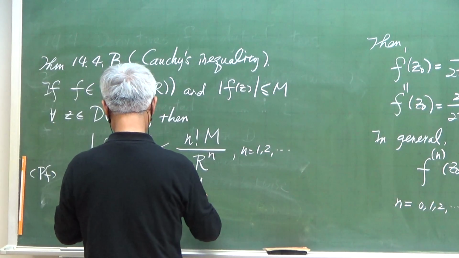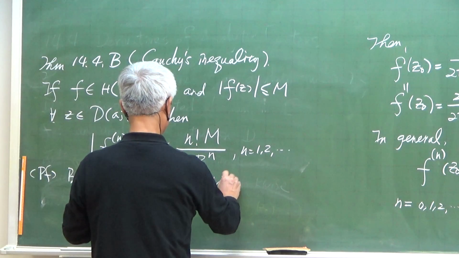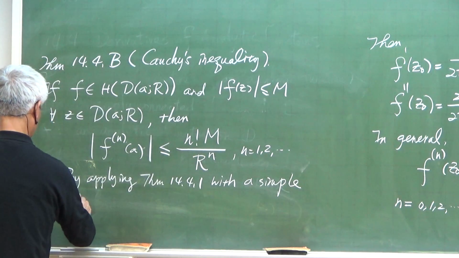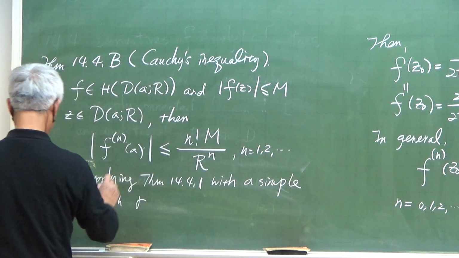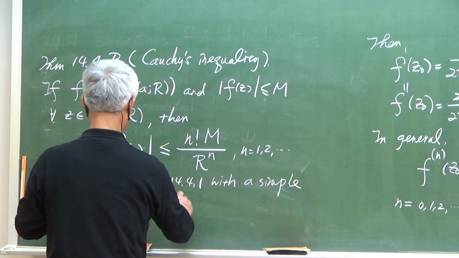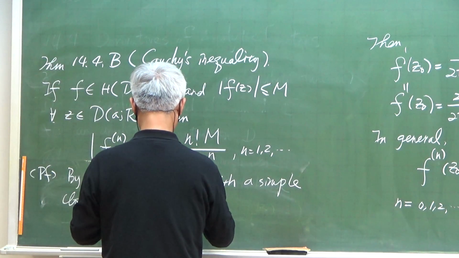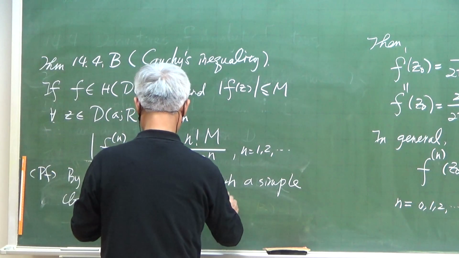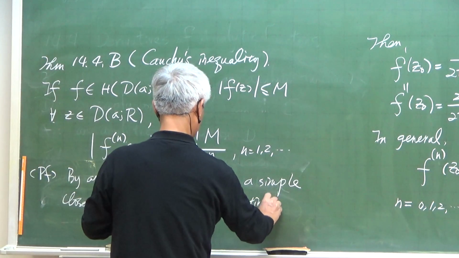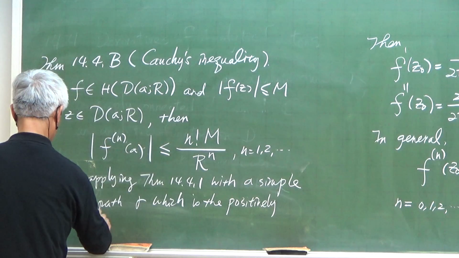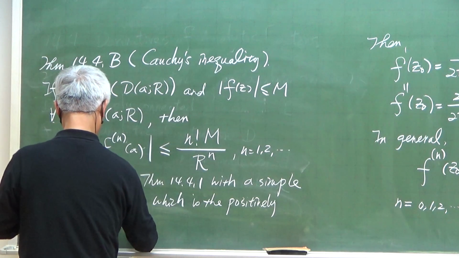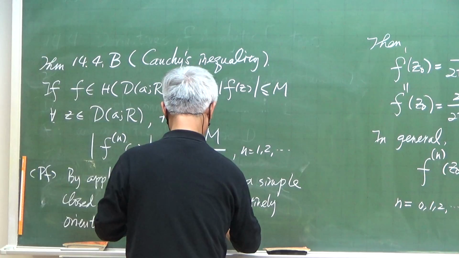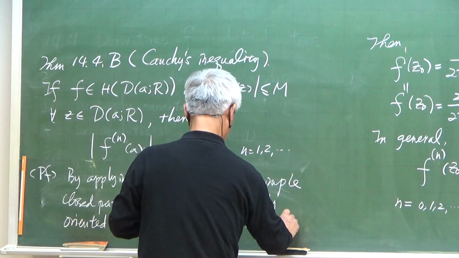We select a simple closed path, which is the positively oriented circle with center A and radius little r.